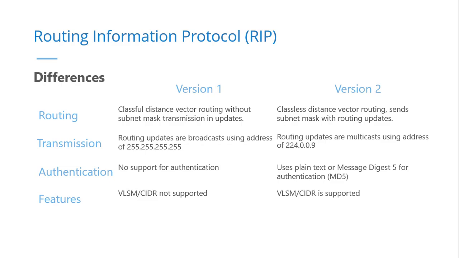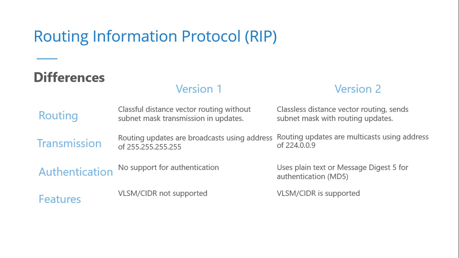When we talk about classless, it actually sees 3. Because if it can only recognize the network ID and the host ID, that would be classful routing. If it's classless, it can recognize 3 parts: the network, the subnet, and the host ID.